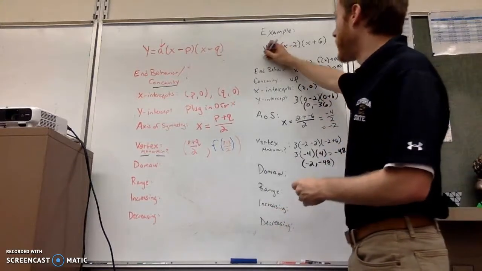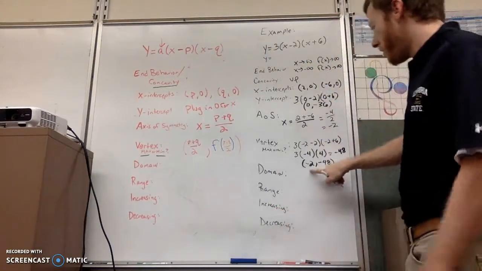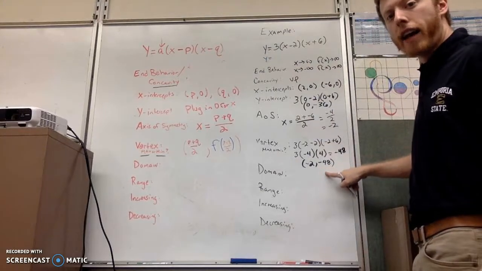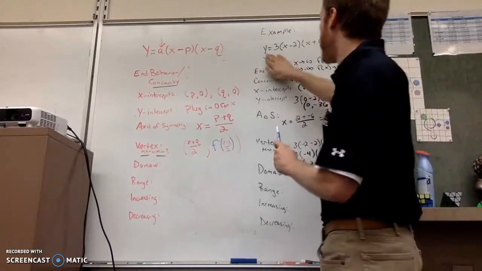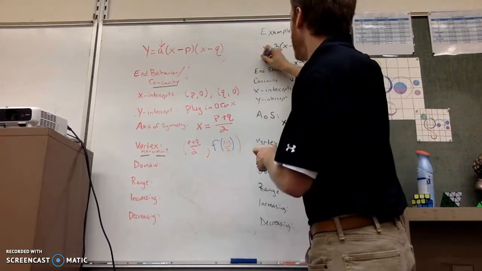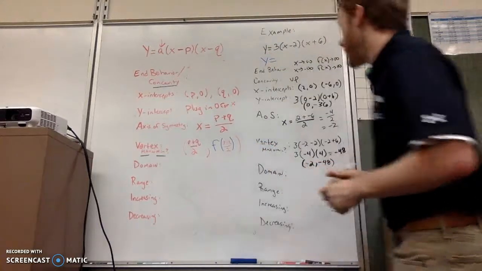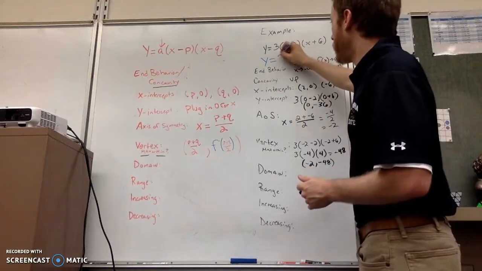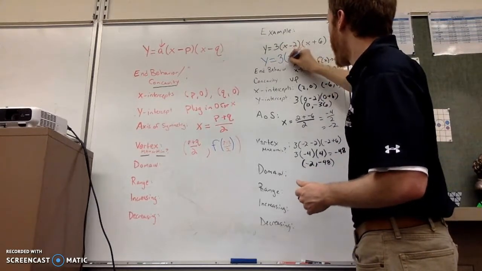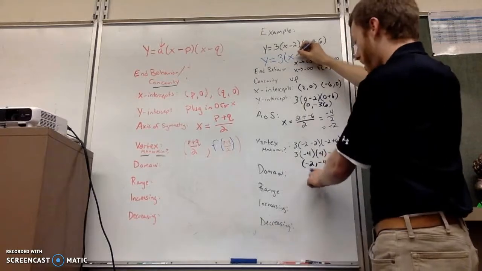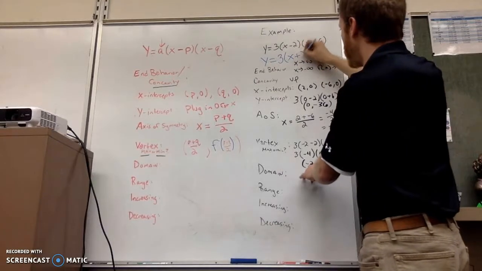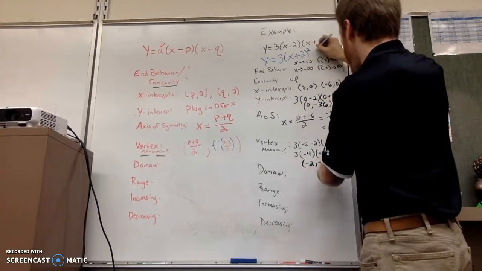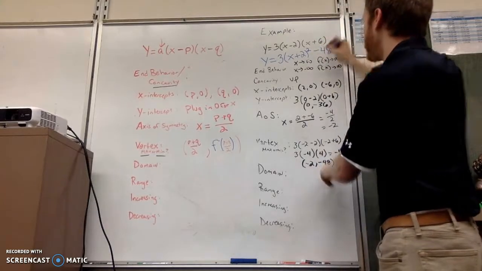So, for example, for this problem, now that I know that the vertex is this, I can write out this same problem, write it a little bigger, this same problem in blue in vertex form. Okay? So the a value is going to be 3. Nothing's changed there. X looks like our h is negative 2, so it's plus 2 on the inside, squared, minus 48. Okay?